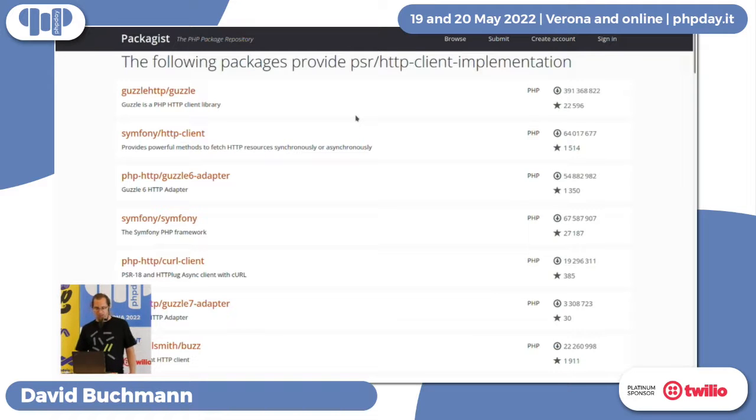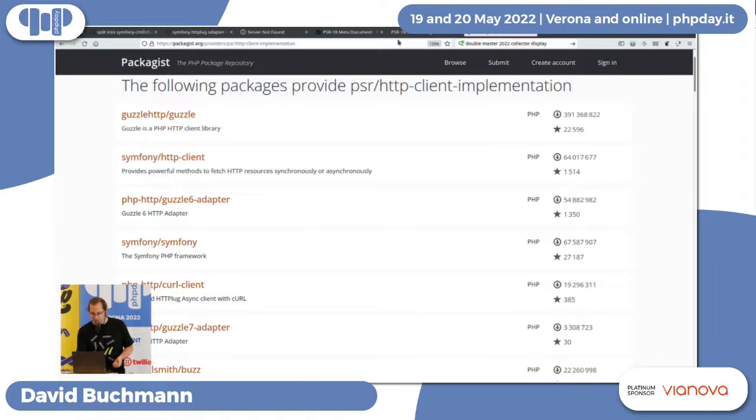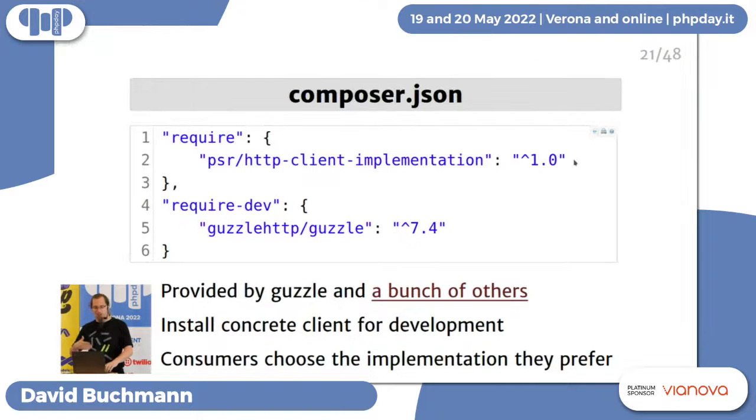So with this, I can then choose a client, and the user of the library that depends on the virtual package needs to choose one client. So there's a little bit of additional thing you need when you cannot just require the library, but you also need to require one of the implementations of that HTTP PSR client to make it work.